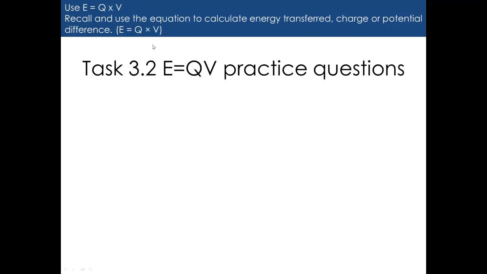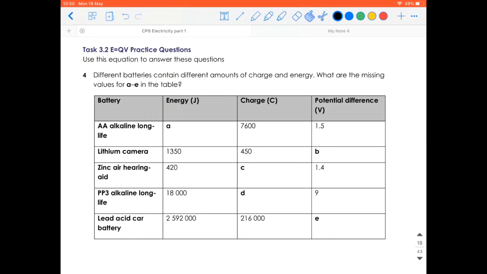So you've got another task to do now, some more questions to carry out. Have a go at those. Again, if you stay with the video, I will run through the first couple of practice questions to help you. Otherwise, you can skip ahead a bit. So the questions for task 3.2, the E equals QV, are much the same as the ones for Q equals IT, so hopefully you can see that much of it's going to be exactly the same.